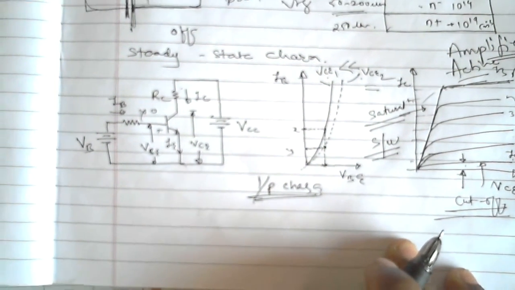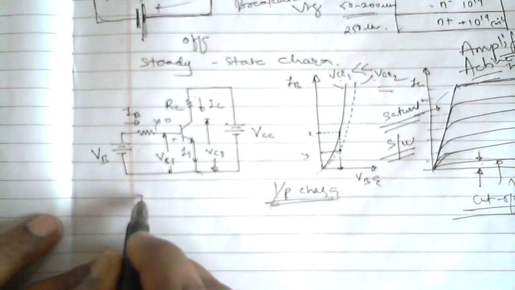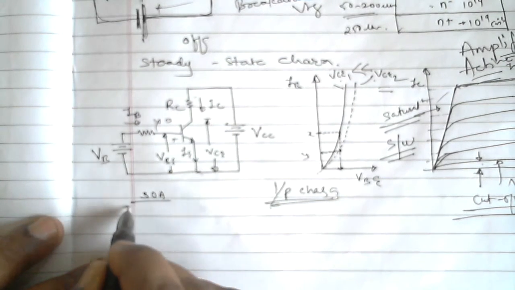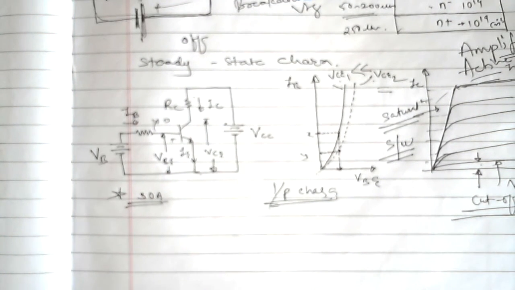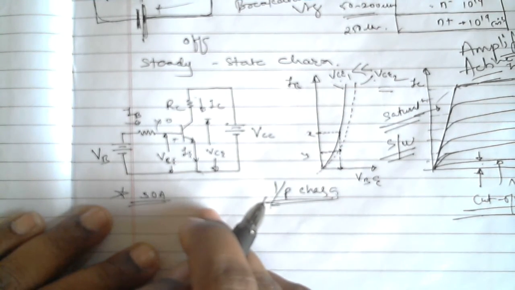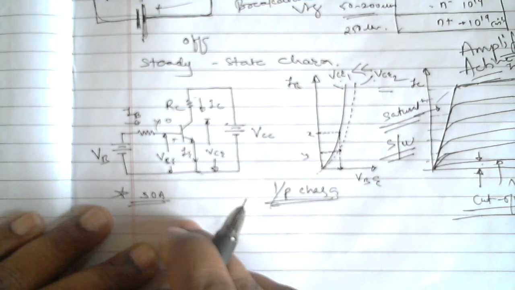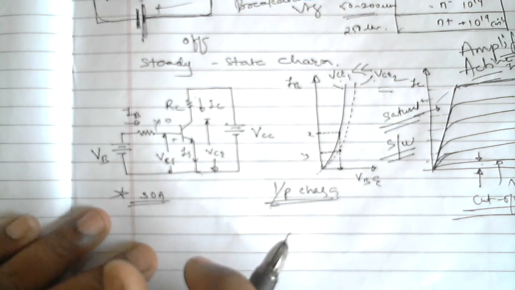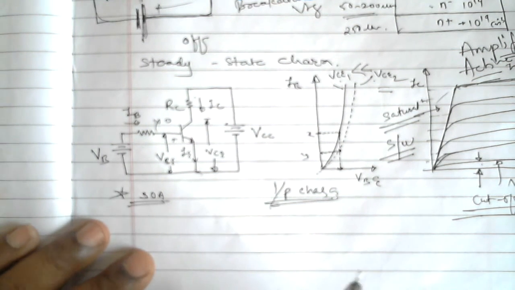Now let's see another important point, the safe operating area of a transistor, SOA. What is the safe operating area? The safe operating area, also called SOA or SOAR, specifies the safe operating limit of the collector current versus collector emitter voltage.